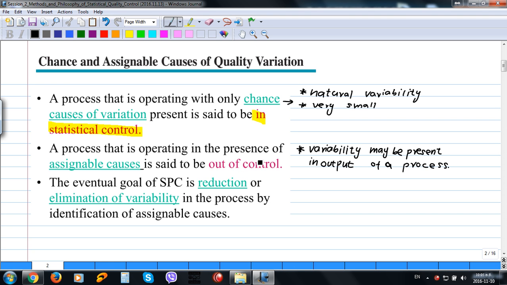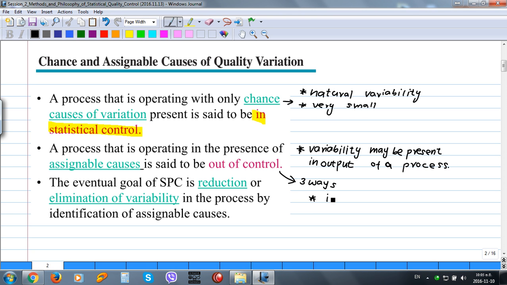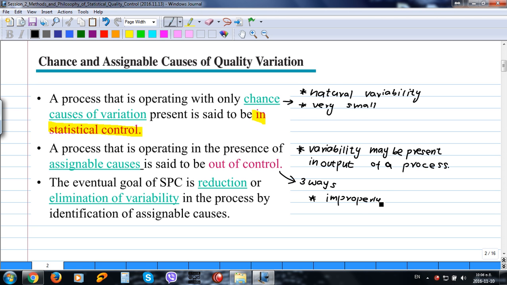This can happen in three ways. Sometimes it can be improperly adjusted machines. If you have machines in an industry and they are improperly adjusted or controlled, then assignable causes can happen, and they can be out of control machines.